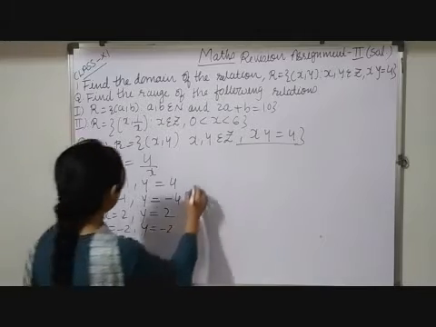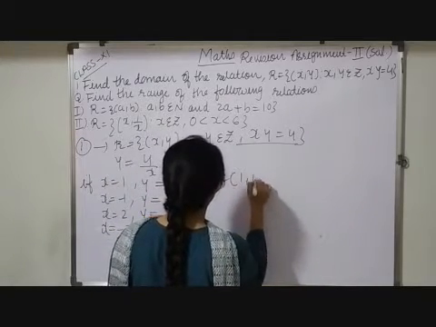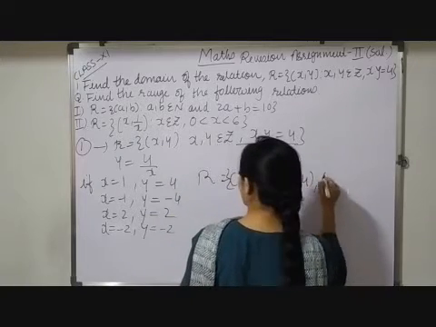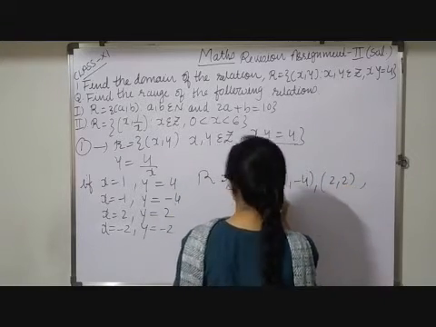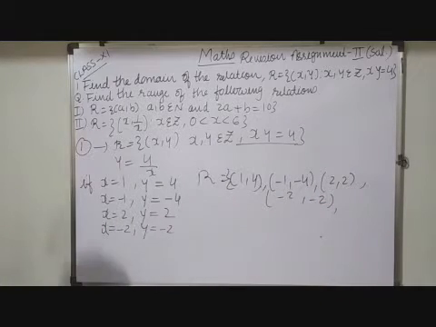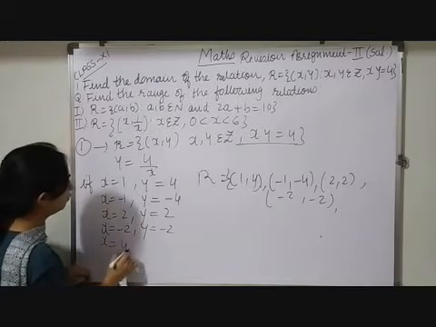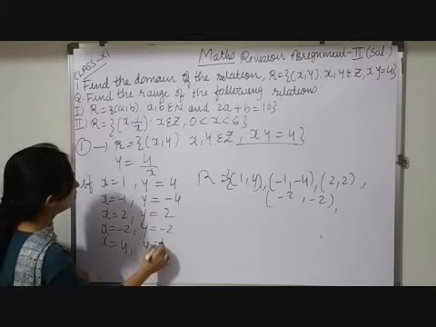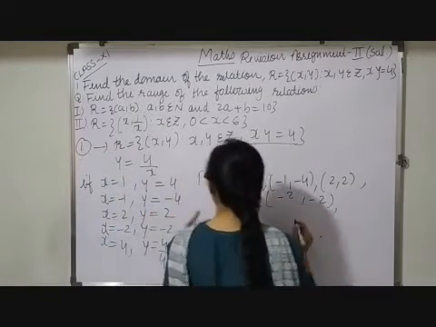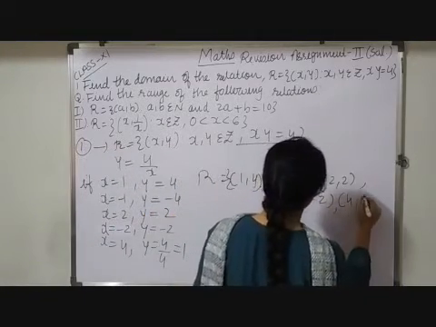So here our set R will be (1, 4), (minus 1, minus 4), (2, 2), (minus 2, minus 2), 3 not possible, and if x equals 4, y equals 4 upon 4, we are getting 1. So 4 ones are 4, so (4, 1) is possible.